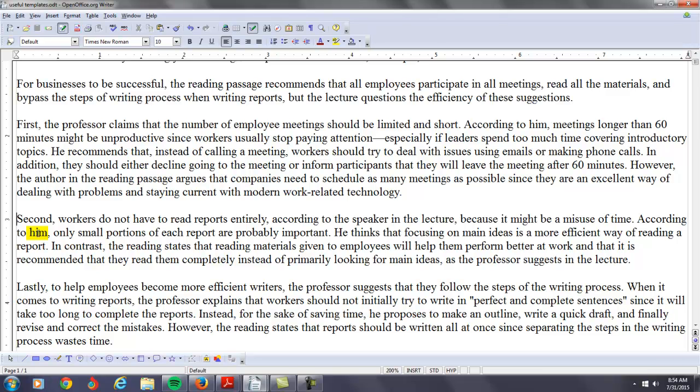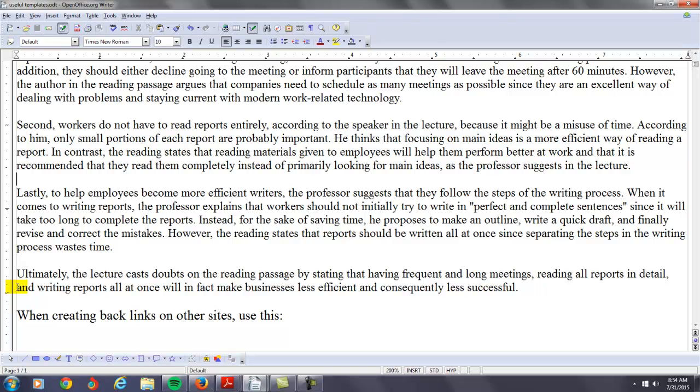In contrast, the reading states that reading materials given to employees will help them perform better at work, and that it is recommended that they read them completely instead of primarily looking for main ideas as the professor suggests in the lecture. Lastly, to help employees become more efficient writers, the professor suggests that they follow the steps of the writing process.